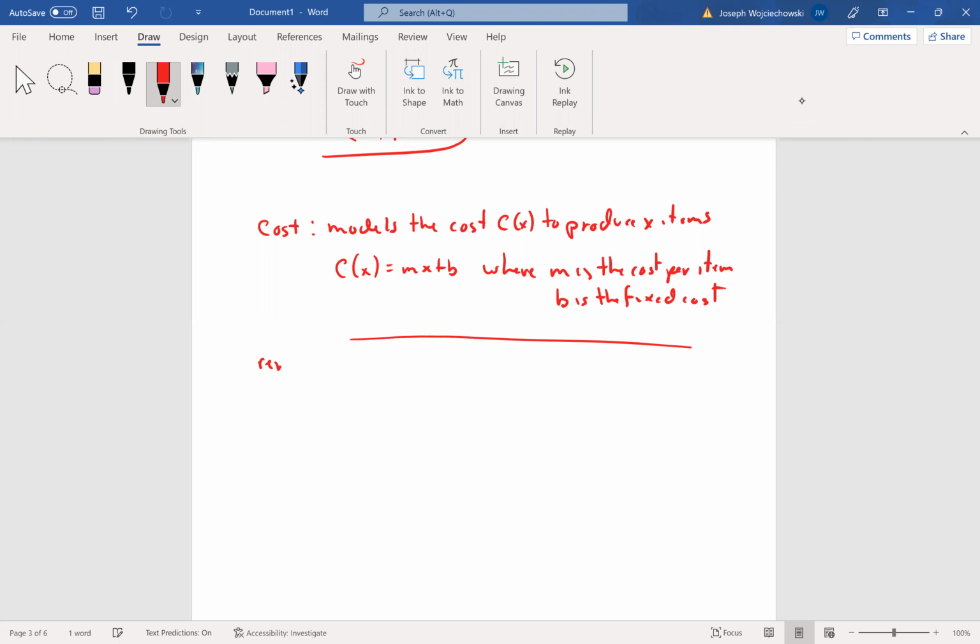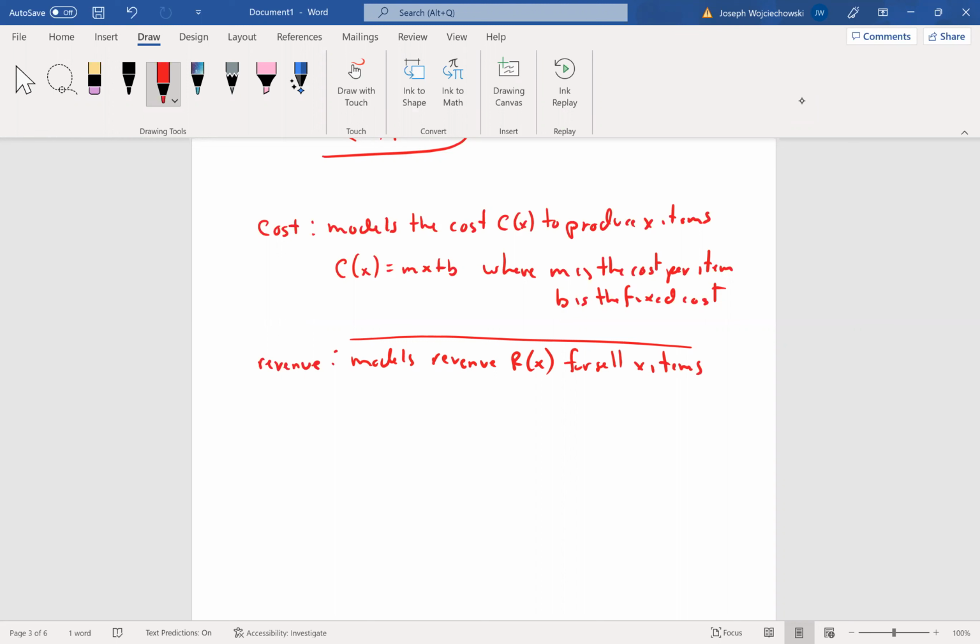A revenue function, or linear revenue function, models revenue R of X. We're selling X items.